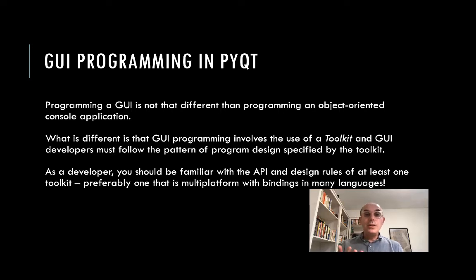So what is the difference between GUI programming that involves the use of a toolkit versus GUI development using patterns of programming design specific to a toolkit? As you become a developer, you should be very familiar with the API.